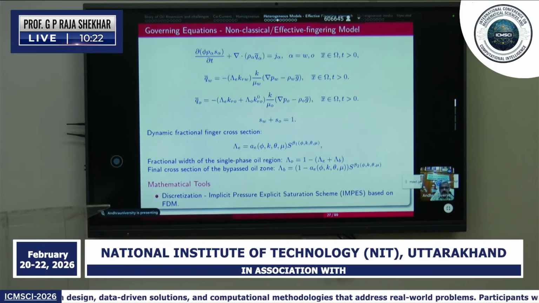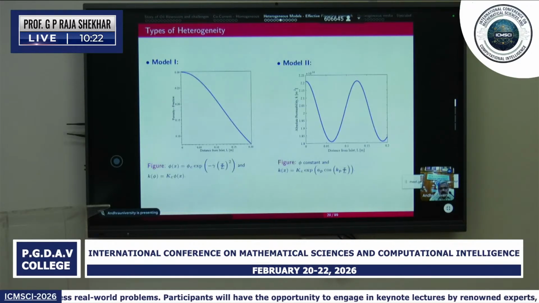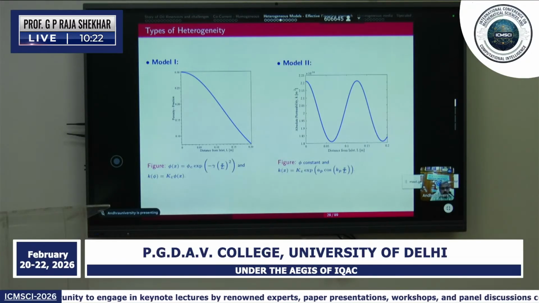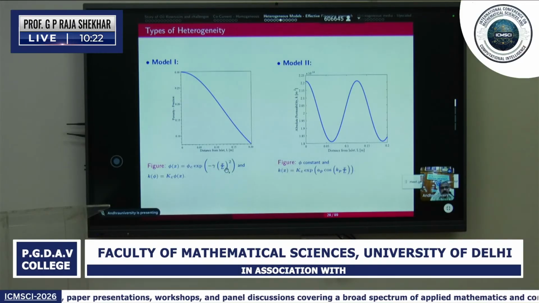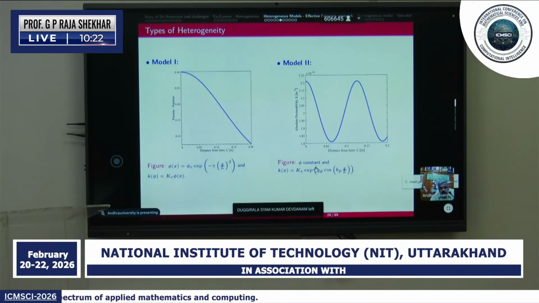This model is incorporated, and we use an implicit pressure, explicit saturation scheme using the finite difference method. Then we test with some models of permeability and porosity. In the first case, porosity is exponentially decaying and permeability is a constant multiple of porosity. Model 2: porosity constant, permeability exponentially periodic.